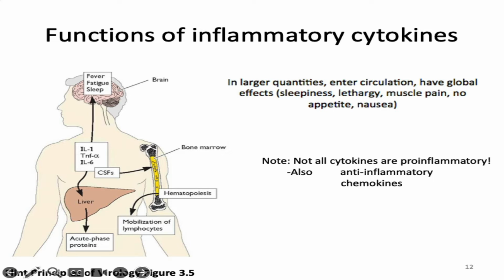They can also lead to things like sleepiness, lethargy, muscle pain, lack of appetite, nausea, that kind of blah feeling you feel when you feel sick. The official word for that is malaise. All of those things can happen largely because you are making an innate immune inflammatory cytokine response. And you're kind of shifting resources towards immune defense away from other things, and getting your body in this state to be best for defense.